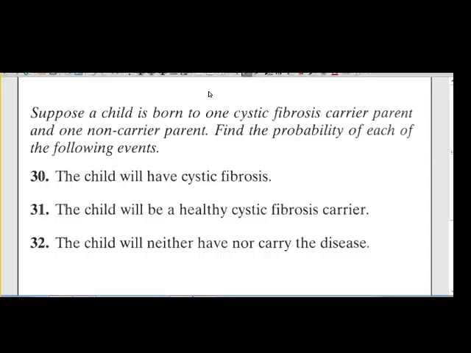Possibly. Does anybody have any relatives that have cystic fibrosis? Does anybody know if they are carrying the cystic fibrosis gene as a recessive gene? Oh, really? Yeah. Both of my daughters have the carrier gene, so either I'm a carrier or my wife's a carrier.